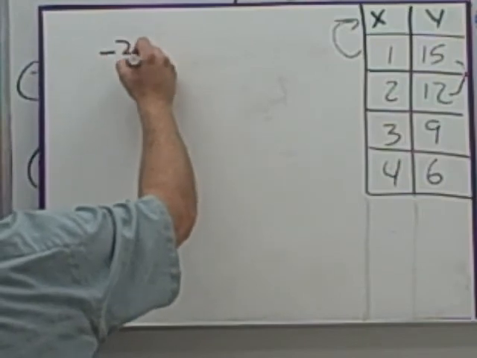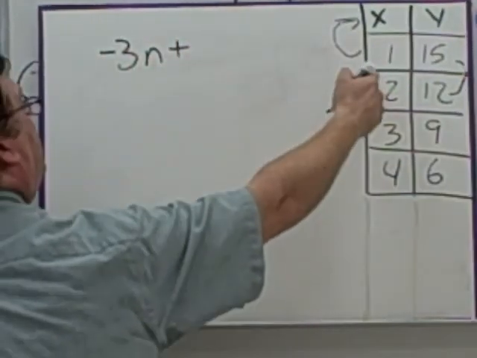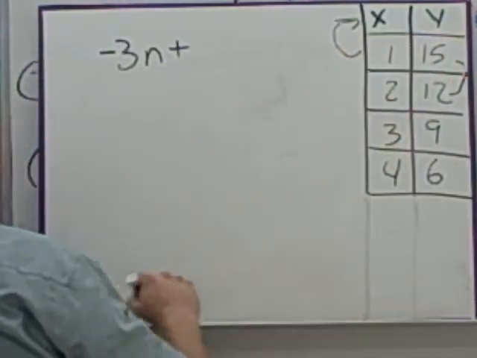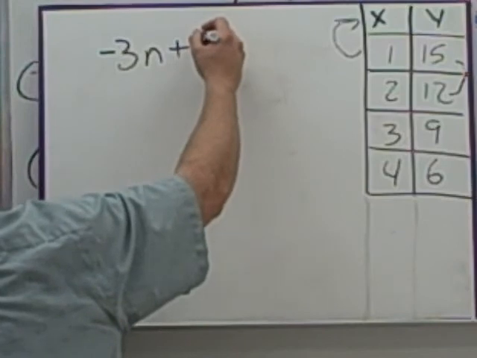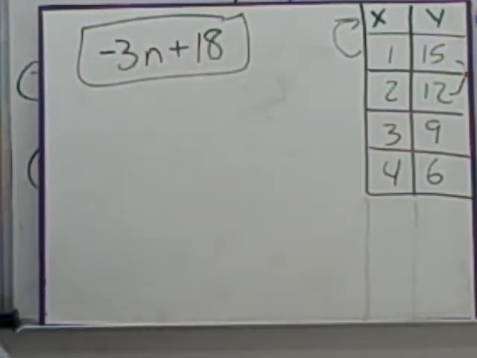So we have a negative 3 times n plus the zero term, which would be actually 3 more than 15 because we're subtracting the negative 3, which makes it 18. And there is our expression for that graph.